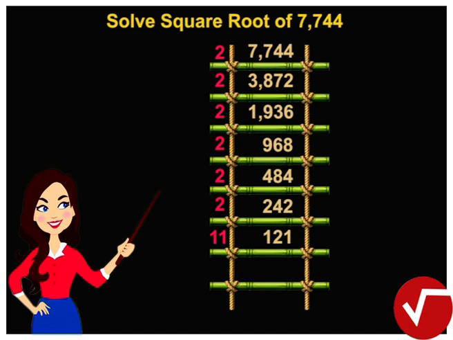We will be writing 11 on the left and we get 11 as quotient. The quotient 11 is the next bottom step of the ladder. 11 can go into 11 and it is a prime number in itself. 11 divided by 11 gives 1, which is the last step of our ladder. While finding square root, we will stop when we reach 1.